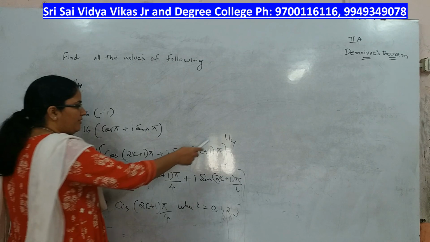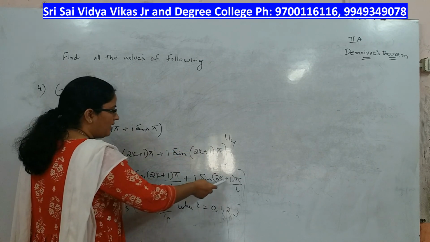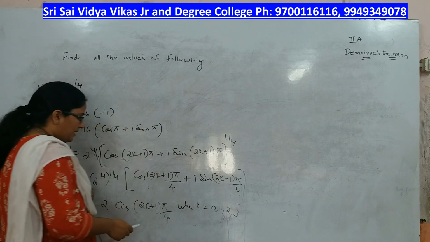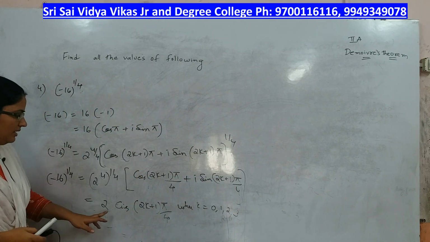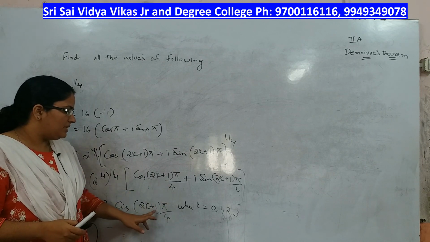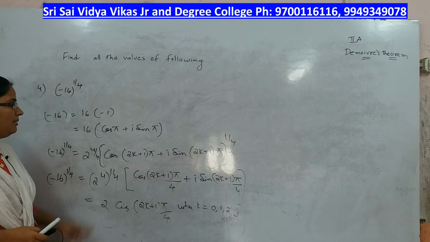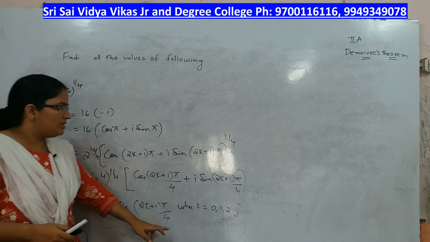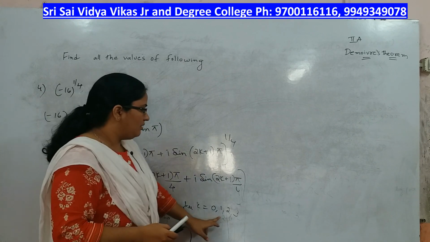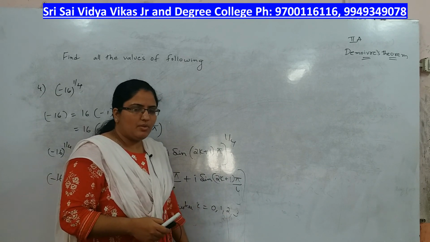This 1 by 4, if it comes down, it will become cos (2k + 1)π/4 + i sin (2k + 1)π/4, which is 2 into cis of (2k + 1)π/4. K values range from 0 to 3 because there are 4 roots here. So k value starts from 0 to 3. That's about this problem.